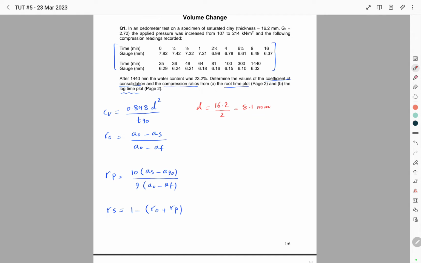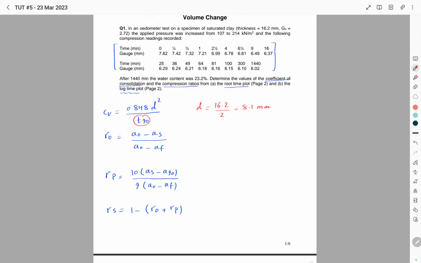And the reason that we divided by 2 is because in the odometer test, the specimen is in an open layer condition, and the length of drainage path is half of the thickness of your layer. So we have our D, and in order to determine CV, we need to determine T90.